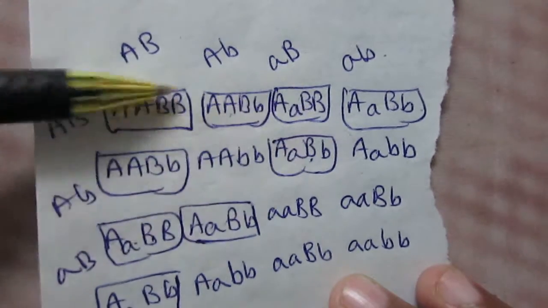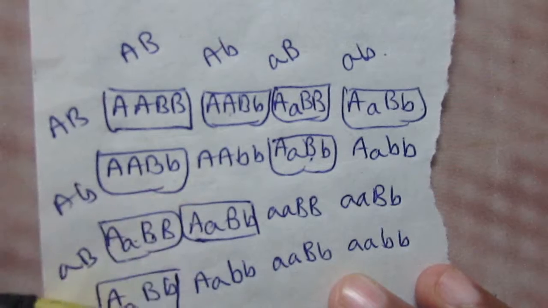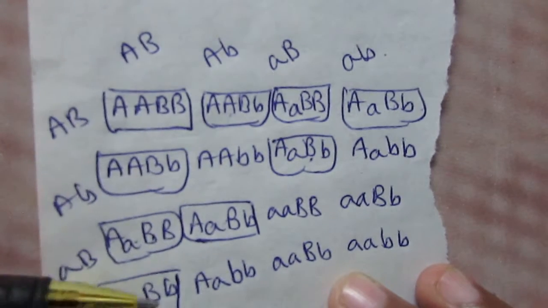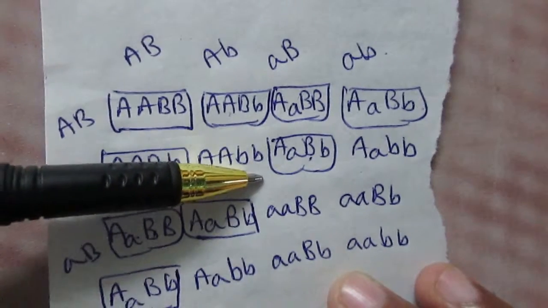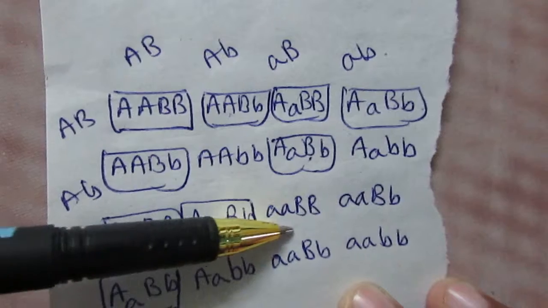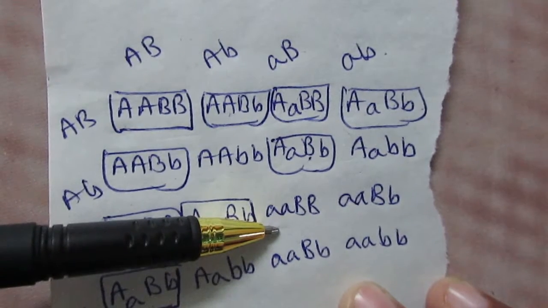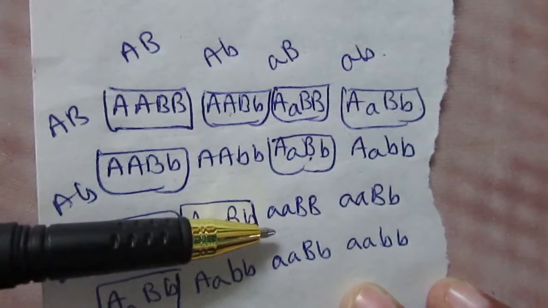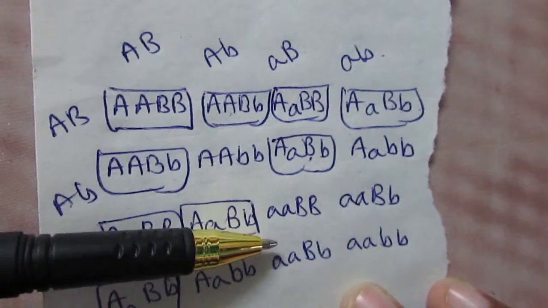So all these 9 genotypes will give a mixture of brown as well as orange color, whereas where B is present in its recessive form, or else A is present in its recessive form, it will give us only orange or only brown color pigment.